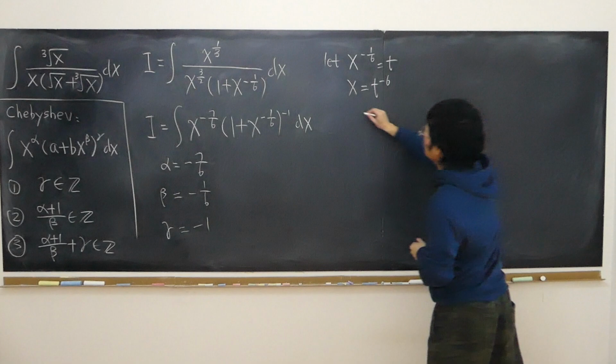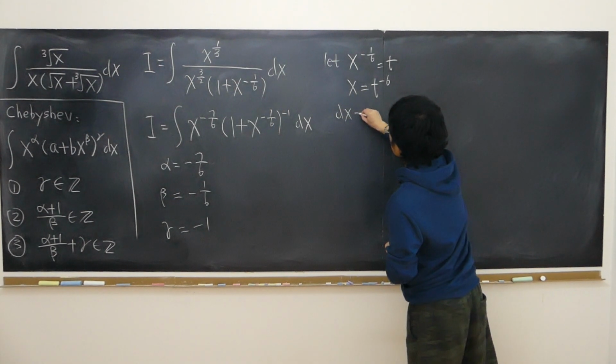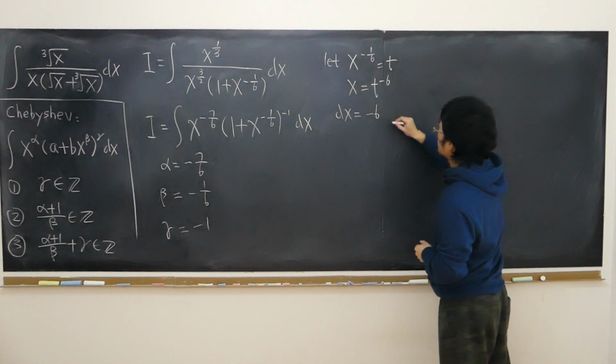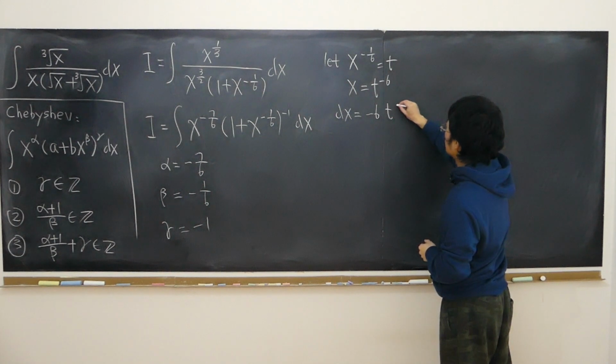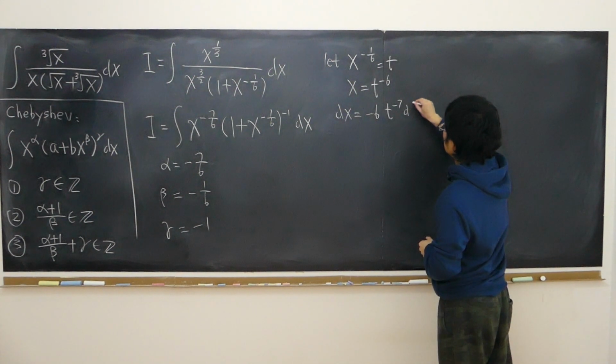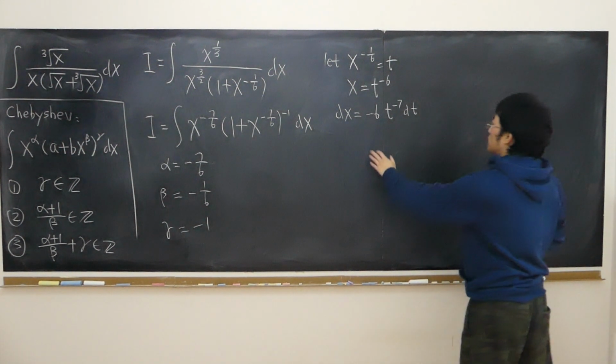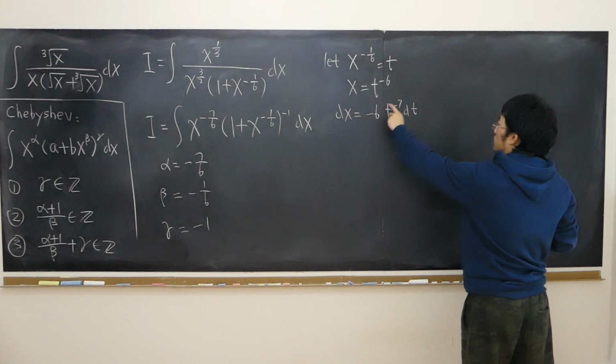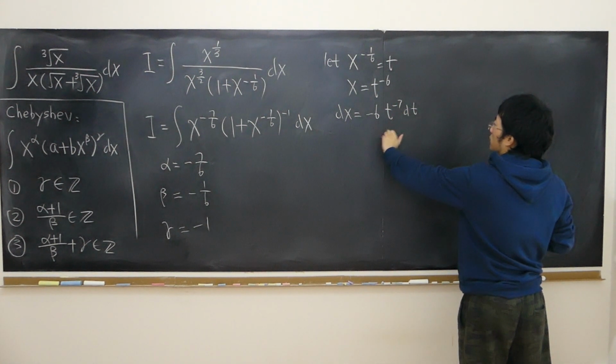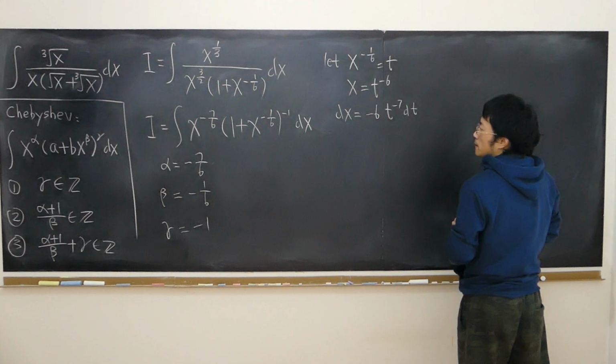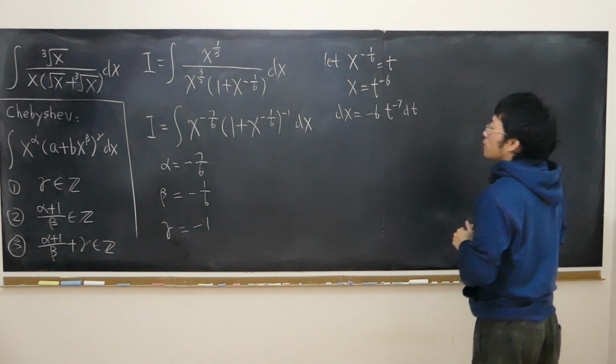Then dx is minus 6 times t to the power of minus 7 dt. That's just a standard differentiation rule. Okay, so I have everything that I need.